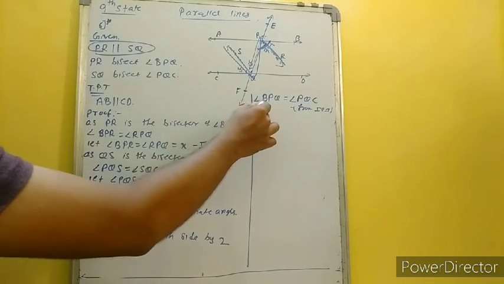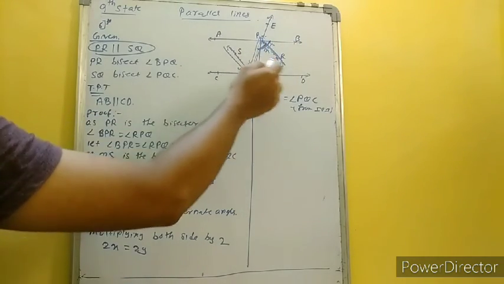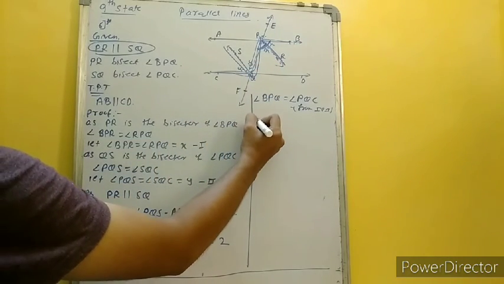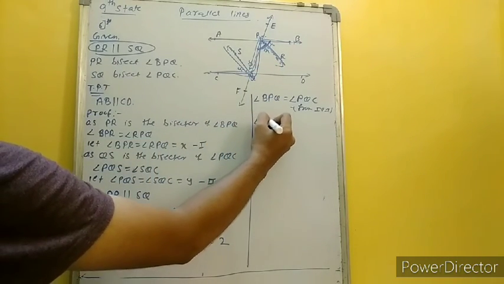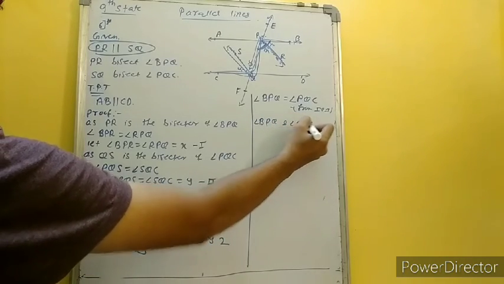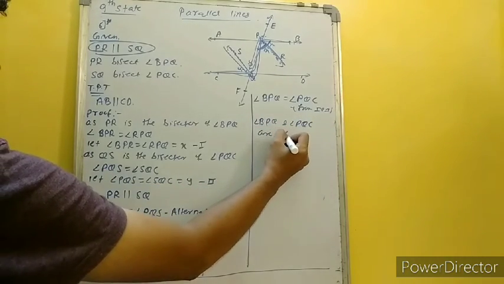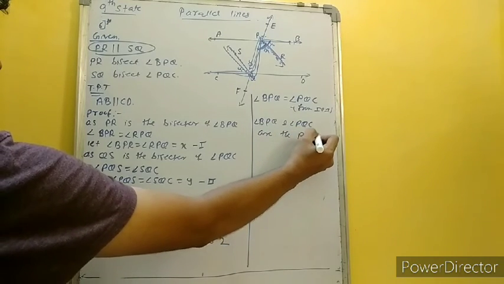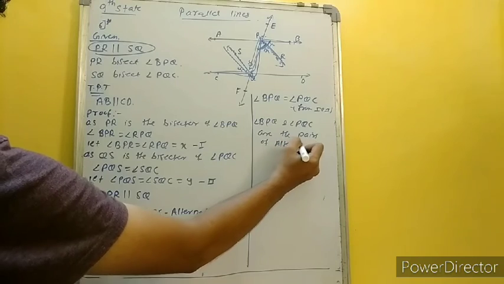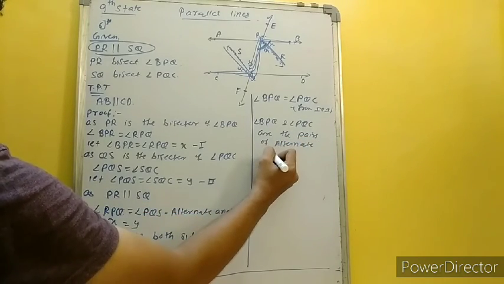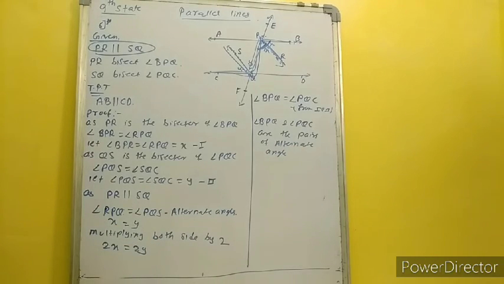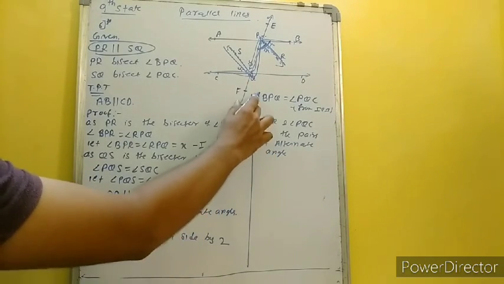Now see, if you observe it properly, BPQ and PQC are the pairs of alternate angles, and these angles are equal.